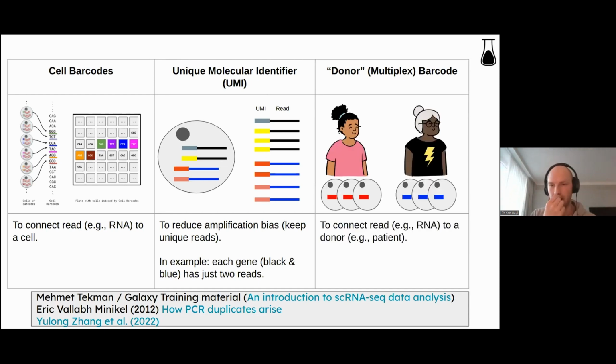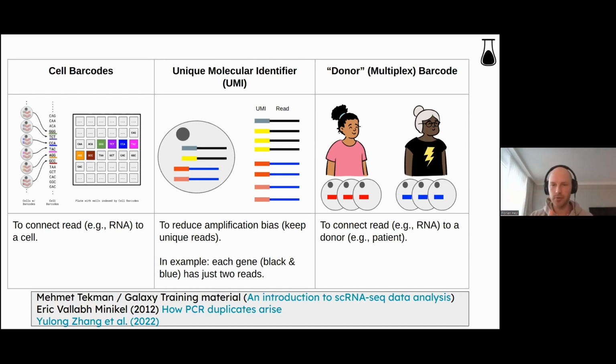And a third barcode, which you might introduce, and you also know from bulk, is, I called it now, a donor multiplex barcode. Be careful using that name. I introduced it here to visualize it a bit better. So this means that you introduce a barcode for different patients.